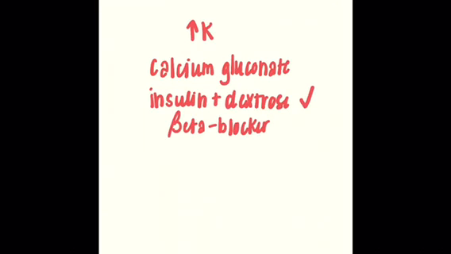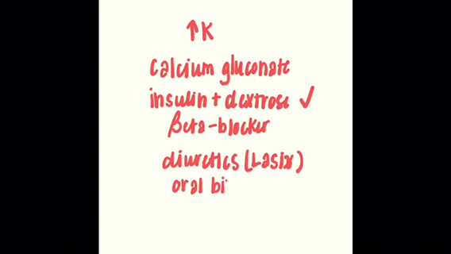And then there's slower measures that you could think about, such as diuretics, keeping in mind you would not want to use a potassium-sparing one like spironolactone, but instead favor a loop diuretic, such as Lasix, or even oral binders, such as Kayexalate, which can help bind potassium in foods and excrete them through the GI tract.